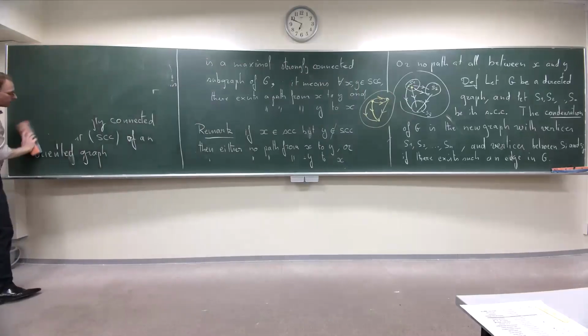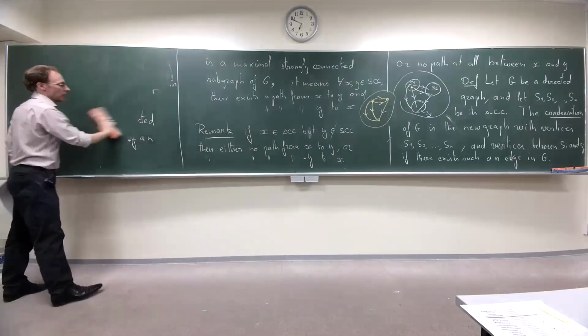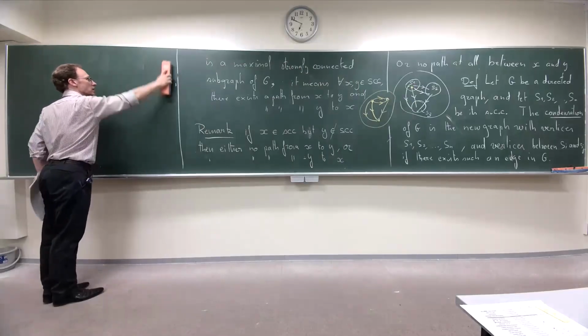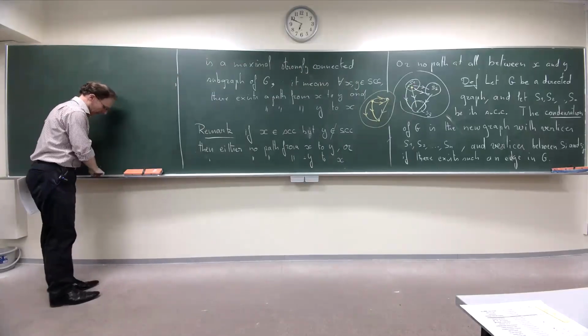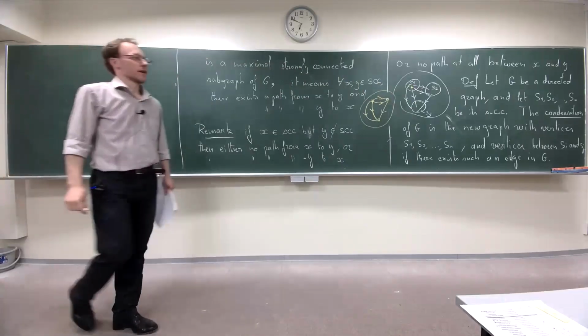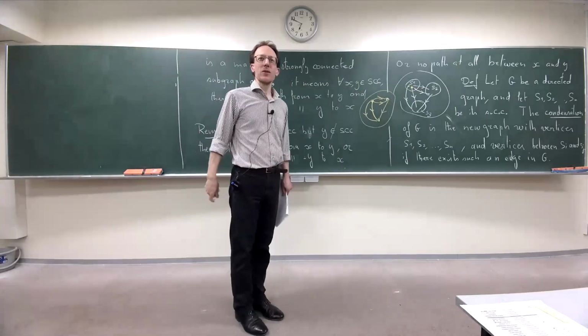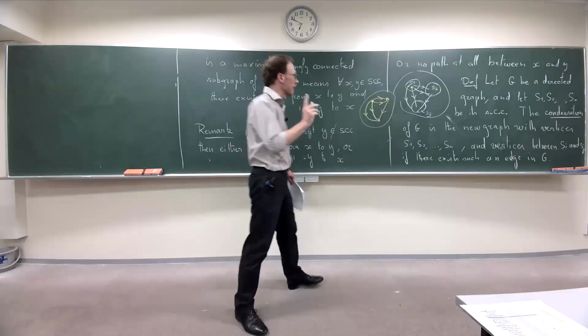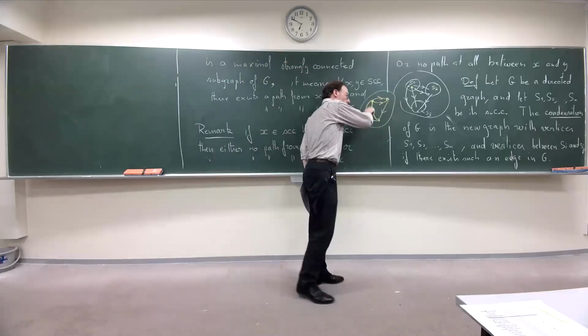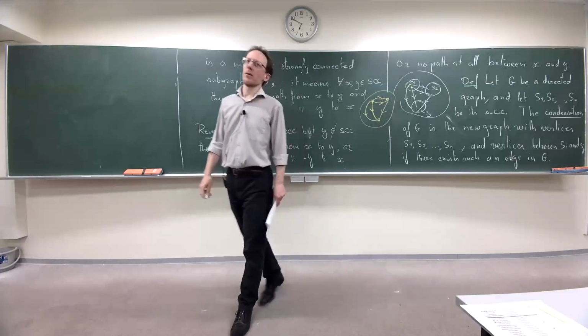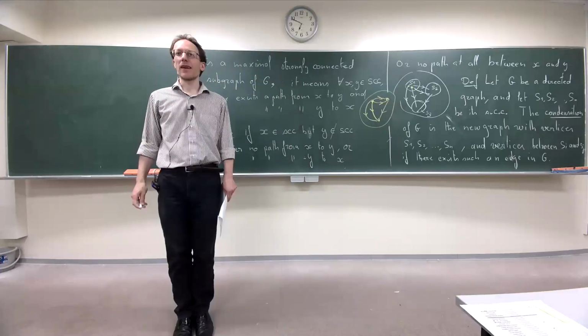But what we observe with this condensation, what is the property of this condensation? Yes, there is no cycle. Why? No cycle once we take the orientation into account. Why? There cannot be any cycle.